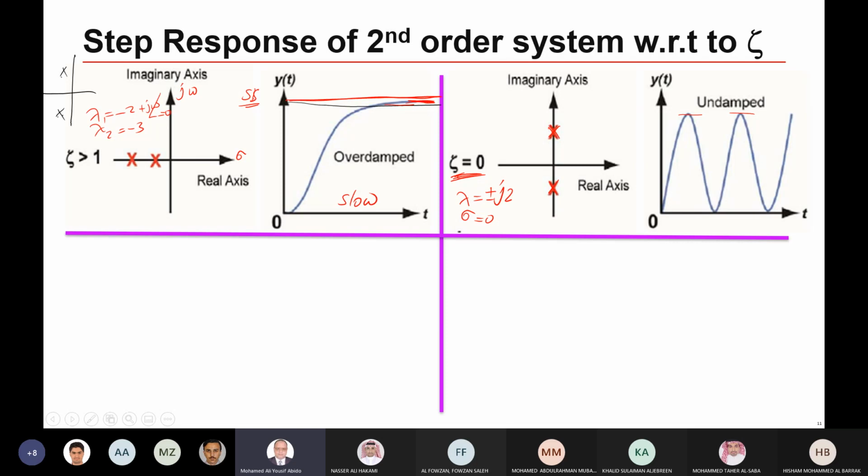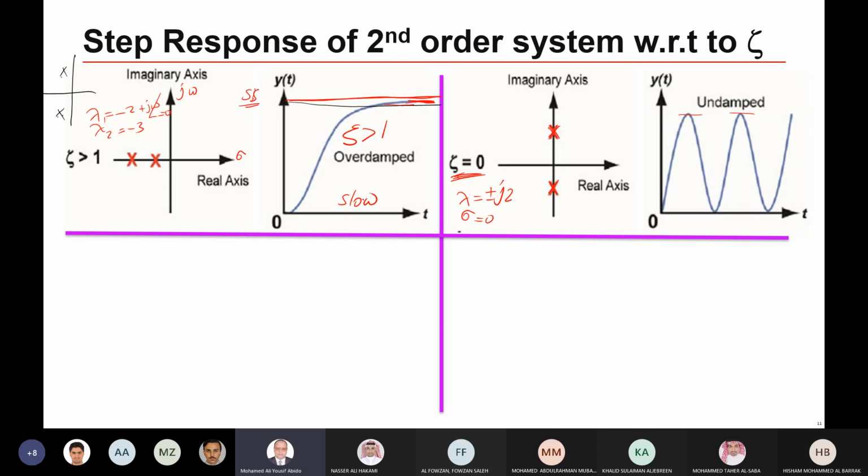So I have several hands on. Hisham Muhammad? Yes, doctor, I have a small question. Yeah, go ahead. When we have case 1, which is only the real number, what do we have, zeta greater than 1 or equal to 1? Zeta is greater than 1 here for overdamped.